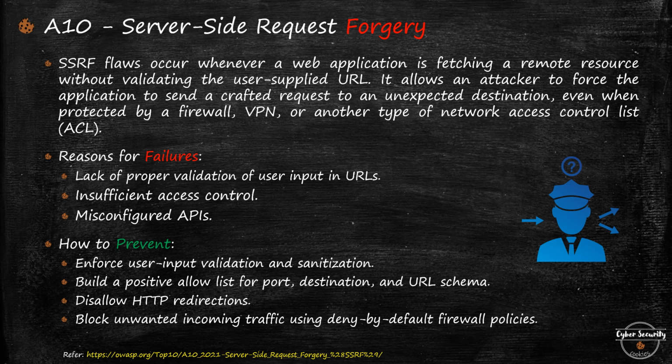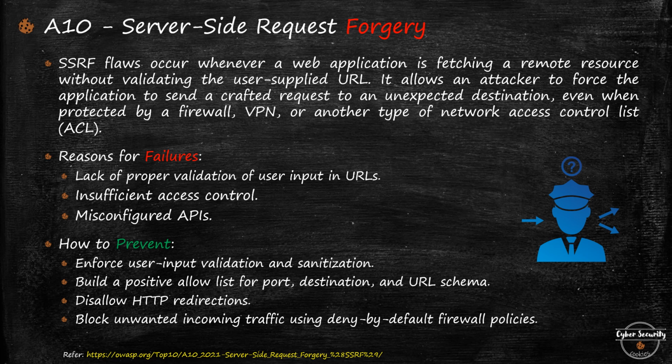The last one, server side request forgery, known as SSRF. It's a flaw that occurs whenever a web application is fetching a remote resource without validating the user-supplied URL. It allows an attacker to force the application to send a crafted request to an unexpected destination, even when it is protected by a firewall, VPN, or any other type of network access control list.